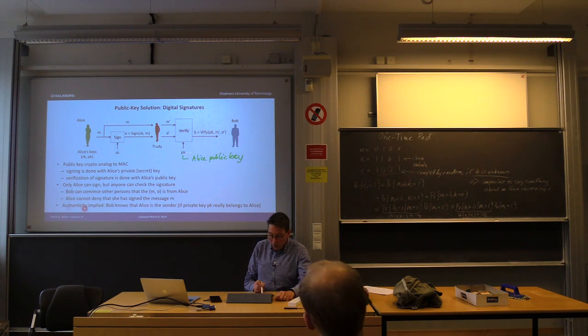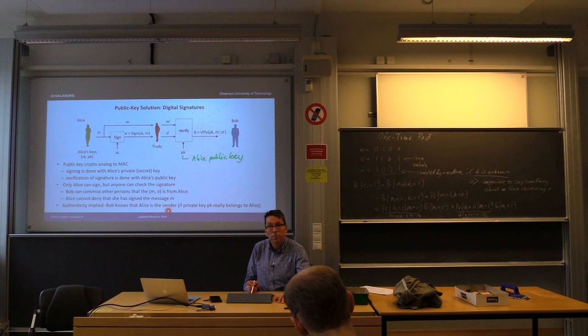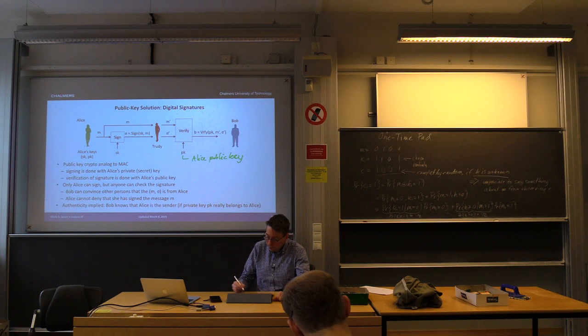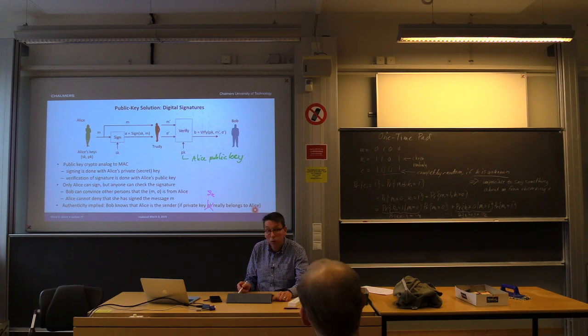All right, authenticity is implied here, because Bob knows that Alice is the sender. She's the only one that can sign this, under the assumption that the private key, which is not PK, it is SK, sorry for that, actually belongs to Alice.